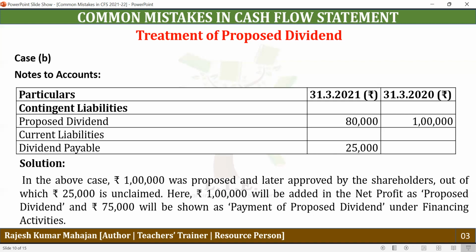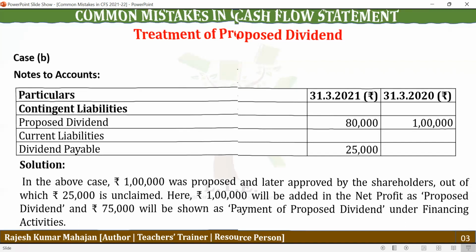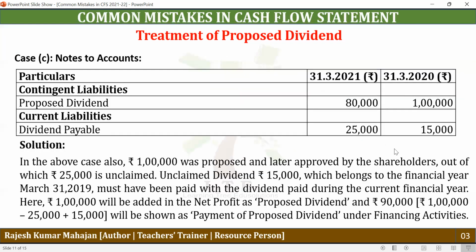Now let's make a little more change in the same question. Under dividend payable, I have now written rupees 15,000 for the previous year. What we need to understand is that in all questions, the dividend proposed for the current year has to be ignored completely. Out of the dividend of 1 lakh, 25,000 is yet to be paid.